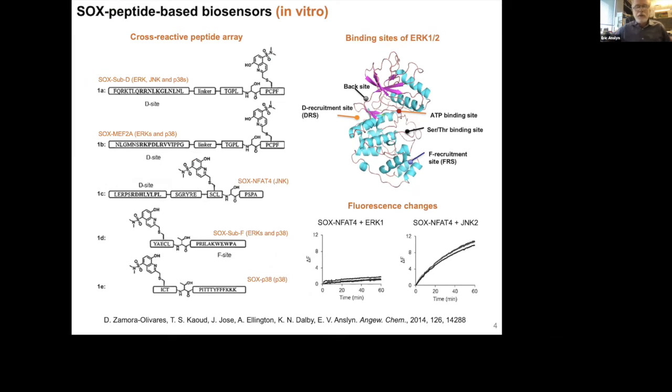So what we've done here is take a variety of peptides where these peptides bind to different kinases, such as the ERK family of kinases, the JNK, or P38, as I'll show you in a moment. Those are families of kinases. But these peptides bind to all those families of kinases, yet they bind to them all differently. That's the origin of differential sensing.